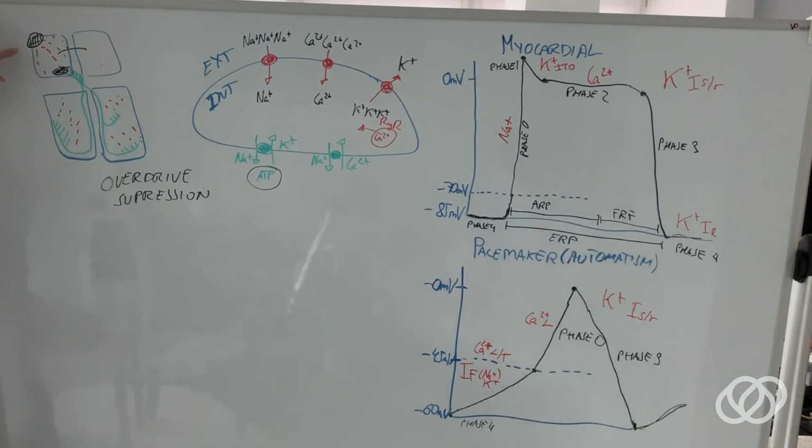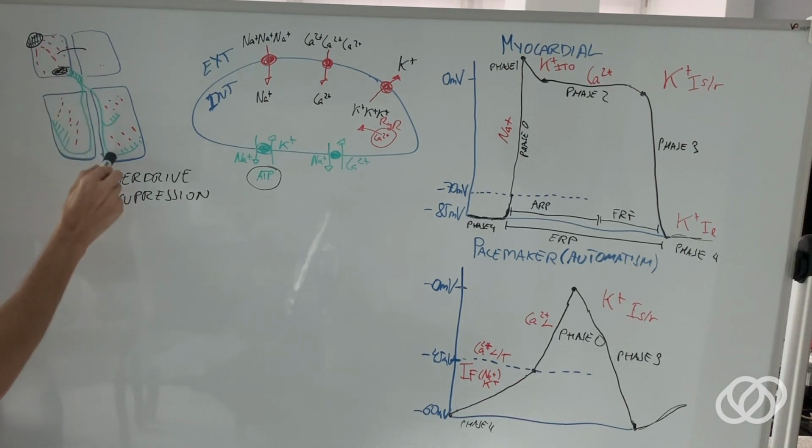So usually when we have a normal conduction system, the sinus node is the one that is going to command, and the rest of the conduction system will follow it.